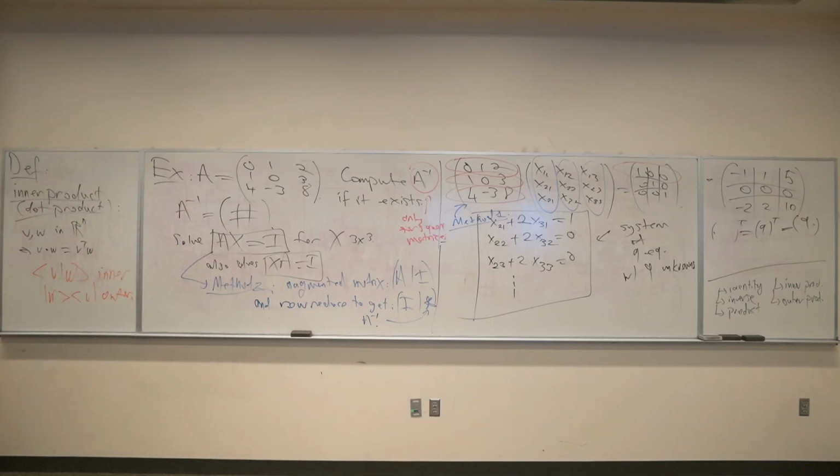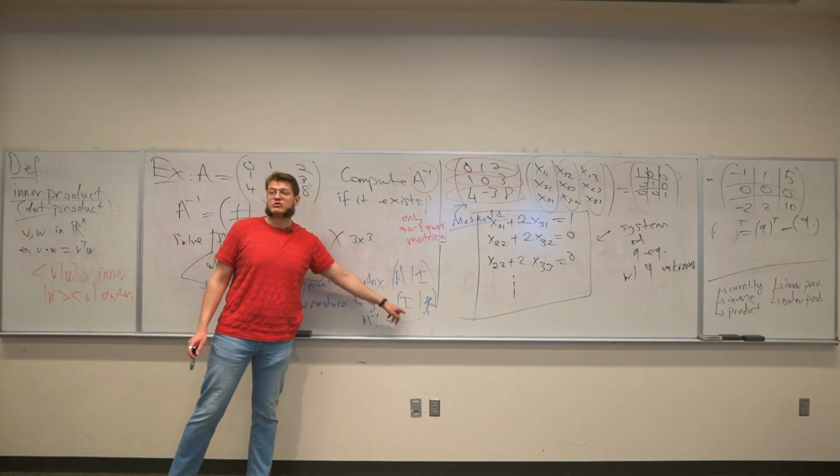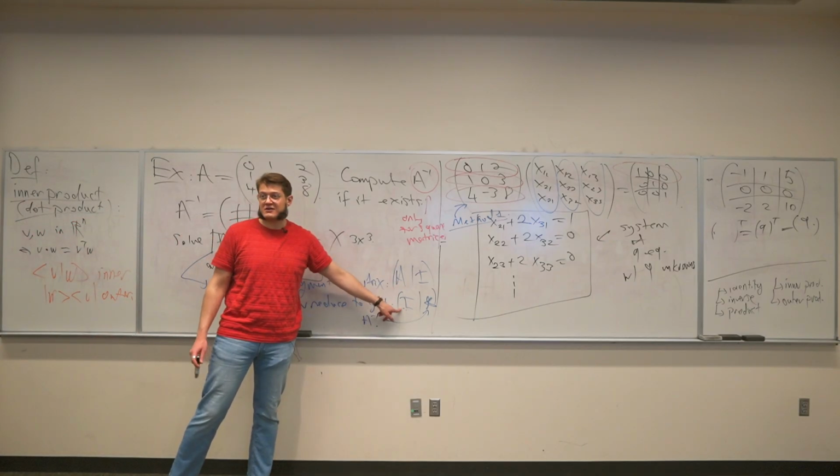For now, what would be best is if we went ahead. Yes? When we're trying to get it there, are we allowed to move the rows around? Yes. But ultimately you want to get identity on the left-hand side. You need to order everything so that you have identity here.